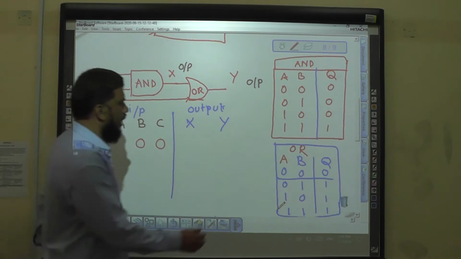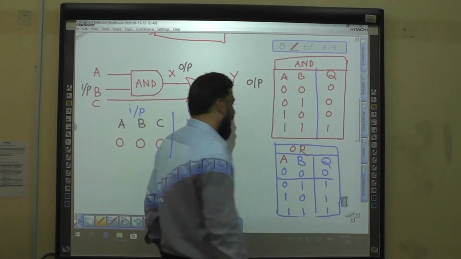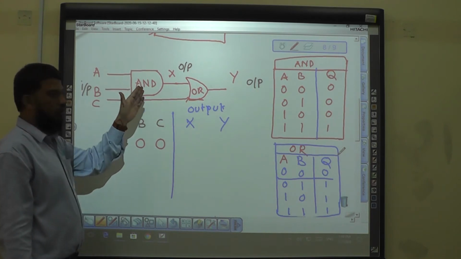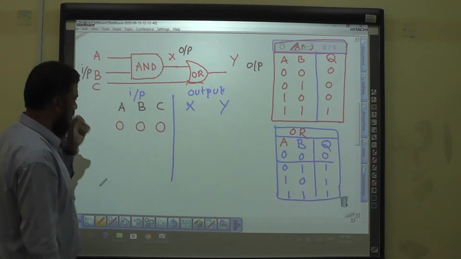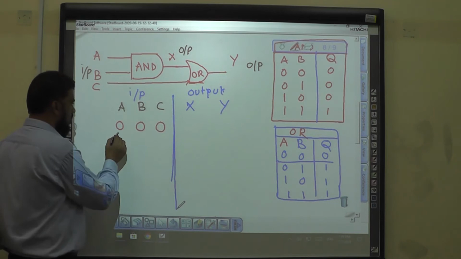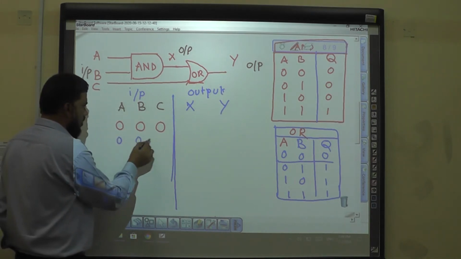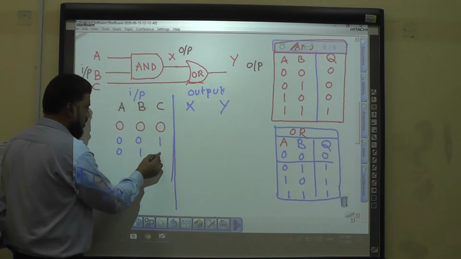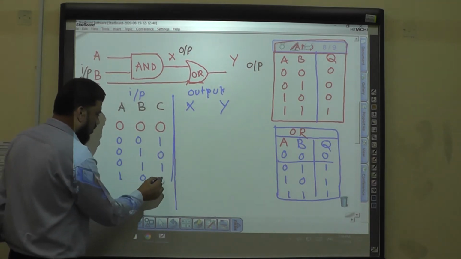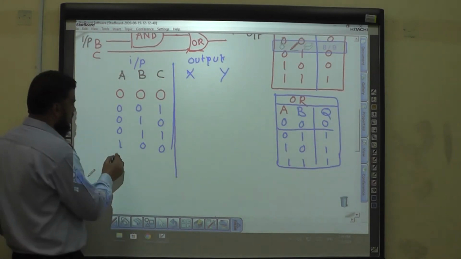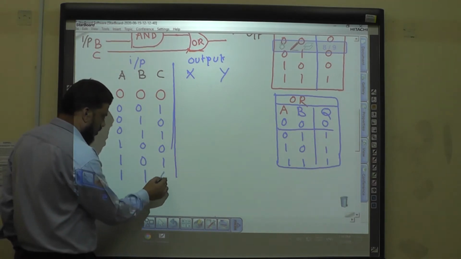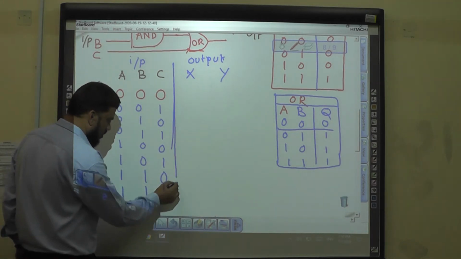If you remember the truth tables of AND and OR, you can do the example of this combinational circuit. Now we'll do it one by one. We have to first write all combinations: 0 0 0, 0 0 1, 0 1 0, 0 1 1, 1 0 0, 1 0 1, 1 1 0, and the last one all ones.